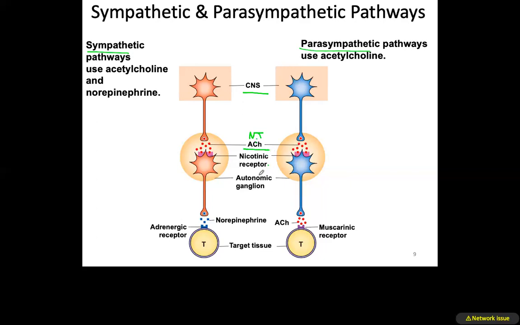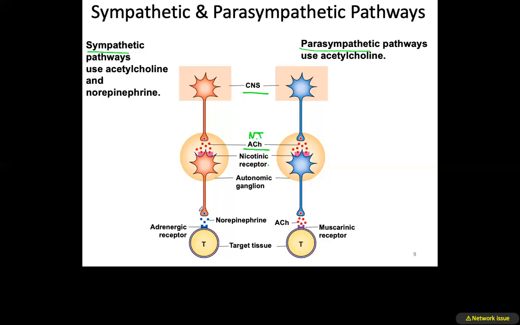So up to this point, if you're doing a comparison between sympathetic and parasympathetic, they are identical. There is no difference. They both originate from the CNS. They both release the neurotransmitter into the ganglion. And the interactions of those neurotransmitters are with receptors referred to as nicotinic receptors. Now, the second neuron is where the difference comes from.